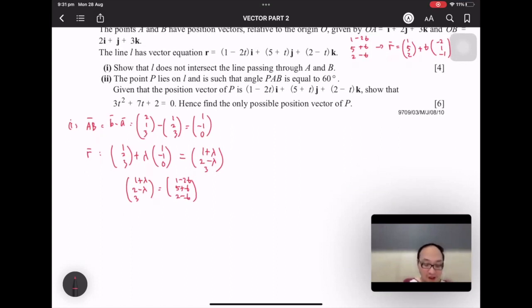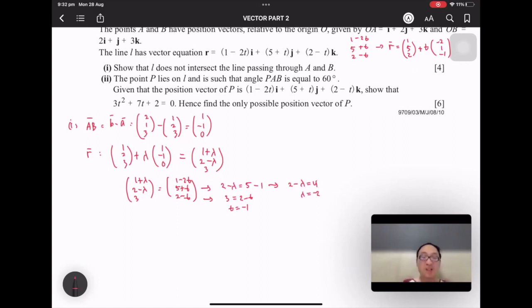So I will use the third row to find t. 3 equals 2 minus t, so t equals -1. And then I will choose the second row to find lambda. 2 minus lambda equals 5 plus t, so 5 minus 1. So 2 minus lambda equals 4, so lambda is -2.